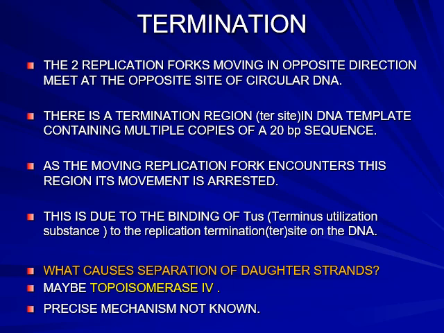Now this is recognized by certain proteins known as the TUS proteins or the terminus utilization substance. These TUS proteins bind to this region, and when they bind, the movement of the replication fork gets arrested and termination occurs.